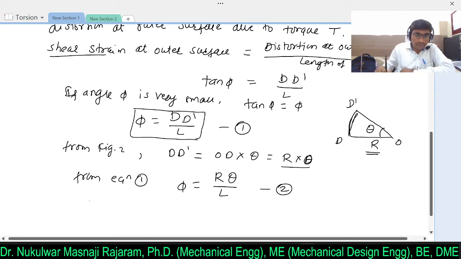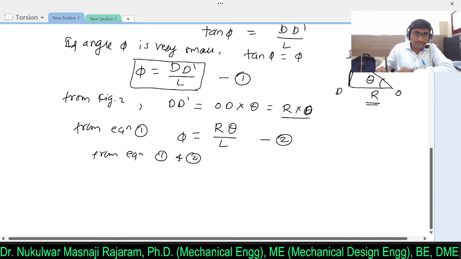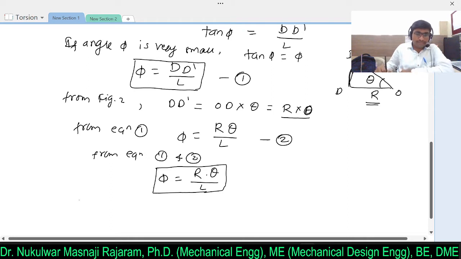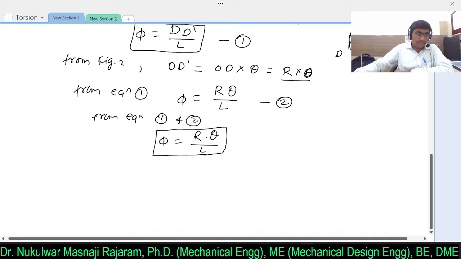Now from equation 1 and 2, we have already written over here R into theta divided by L. Clear? So this is the equation through which we can evaluate the angle of twist. Clear? So this is in the torsional.